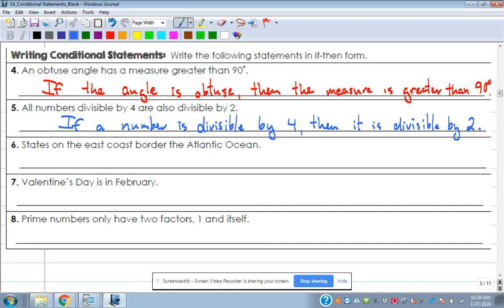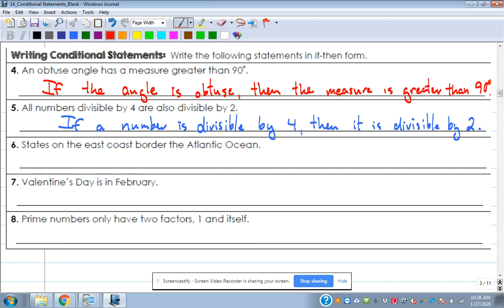Number 6, states on the East Coast border the Atlantic Ocean. So if-then form. We're assuming we're talking about states here. So the United States, we have states. Don't have states in other countries.